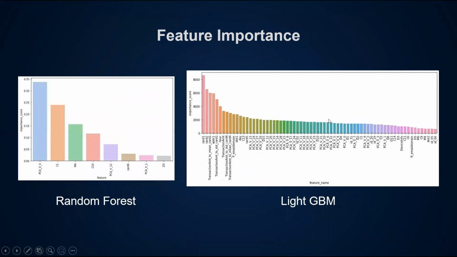And this is the feature importance. The left side is the feature importance of the random forest algorithm, and the right side is the LightGBM algorithm. As you can see, the feature importance of these two algorithms is very different.